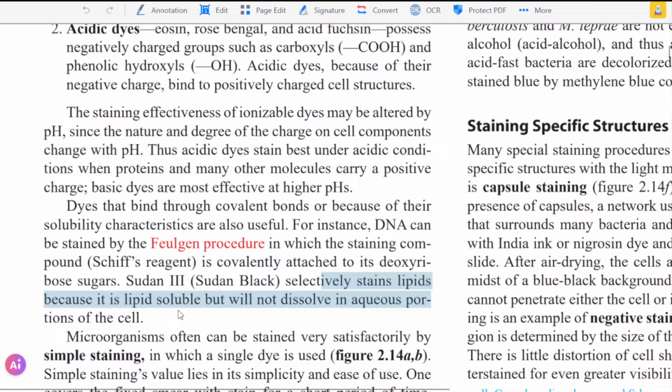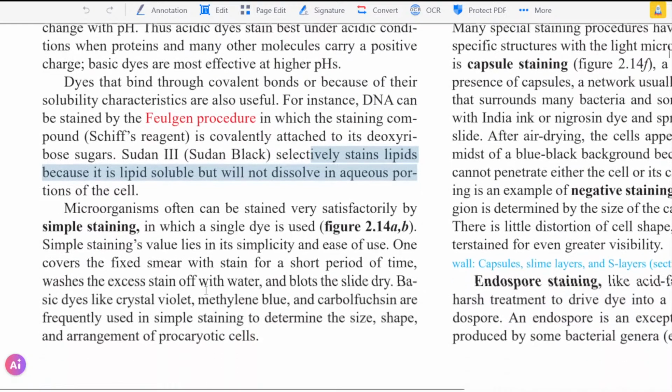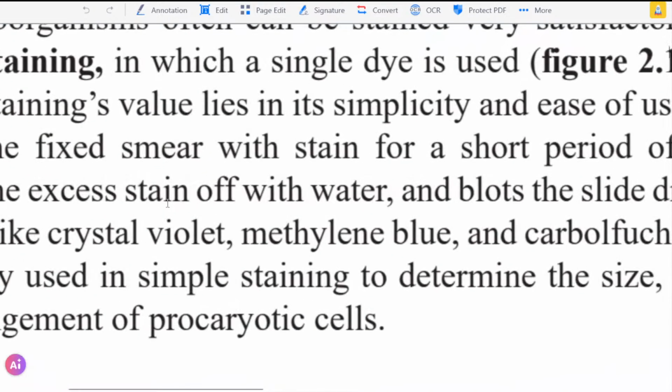So they are saying that it will only stain lipids in the cell membrane, right? The lipid bilayer, you can say. So it selectively stains only lipids because it is lipid soluble. We don't have to go into the chemistry of why it is lipid soluble or how it is structured. Personally, I would like to go into detail with that.